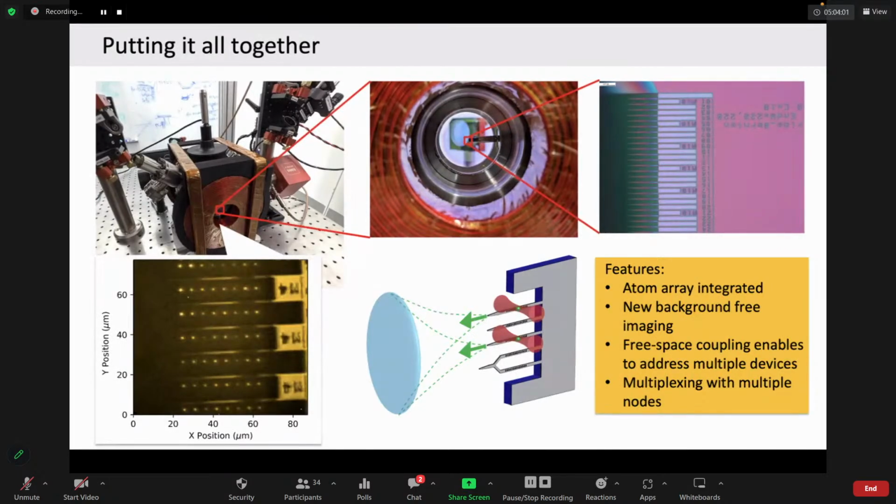And the key result, I hope you appreciate, I'm showing here in the left corner: a simultaneous image of these nanophotonic crystals with an array of atoms next to it. In order to do that, we have developed a new background-free imaging technique that allows us to collect this atom fluorescence light, even though many of the lasers of course also reflect from these nanophotonics, but we can identify the atom fluorescence without being bothered by any laser reflection.